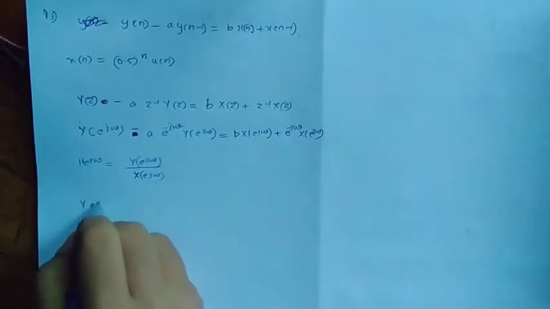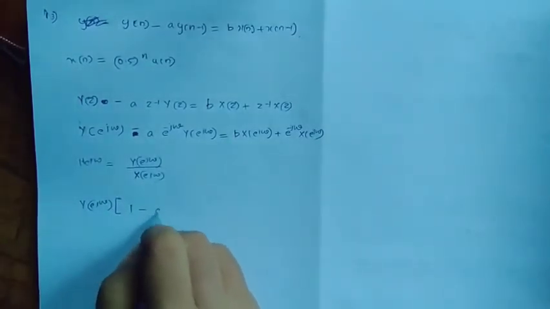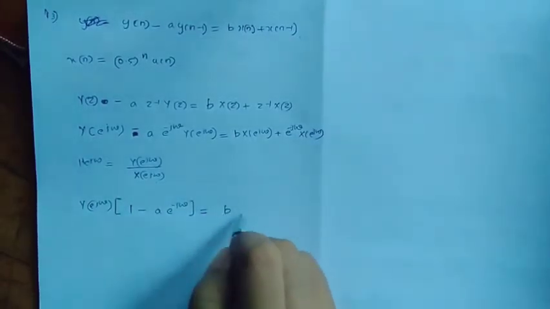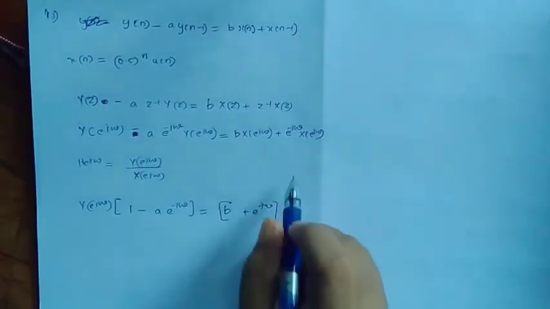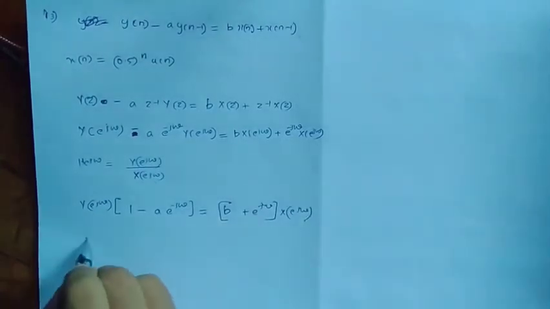From here, I am going to take Y of e raised to j omega outside. We will get 1 minus a into e raised to minus j omega. And the other one is b plus e raised to minus j omega into X of e raised to j omega.